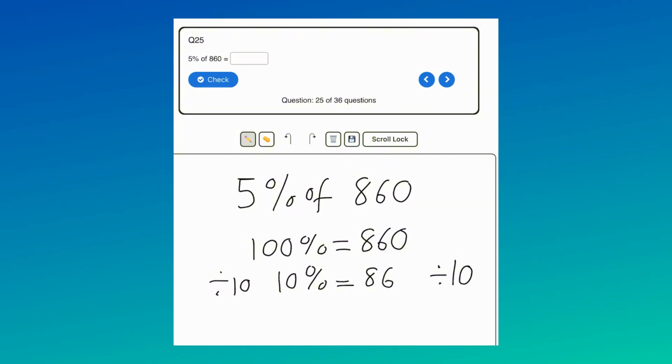Now, I know that 5% is half of 10%. So I'm just going to divide by 2. 5% is half of 86. Now, half of 80 is 40. Half of 6 is 3. So my answer is 43.